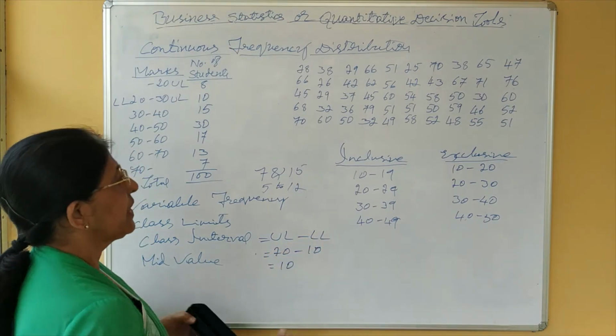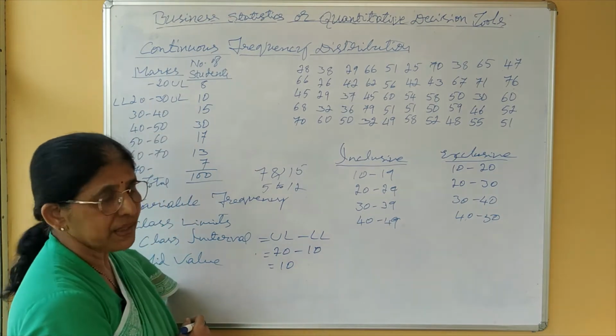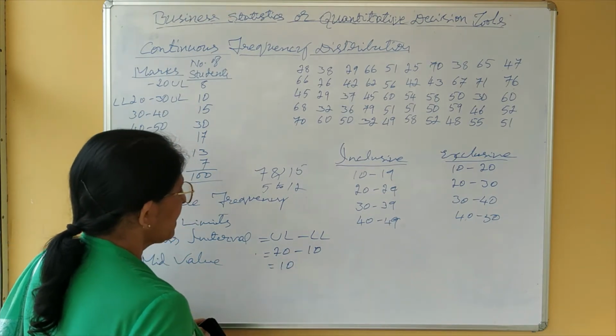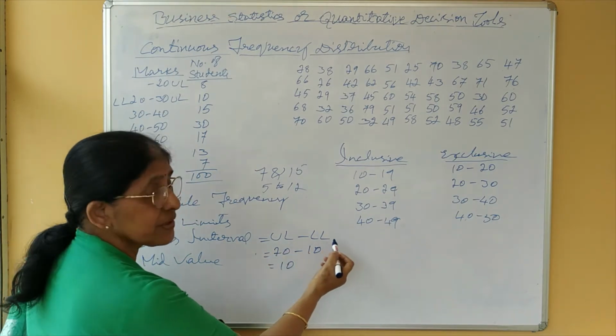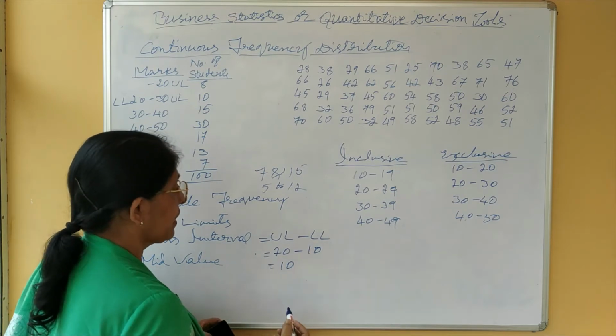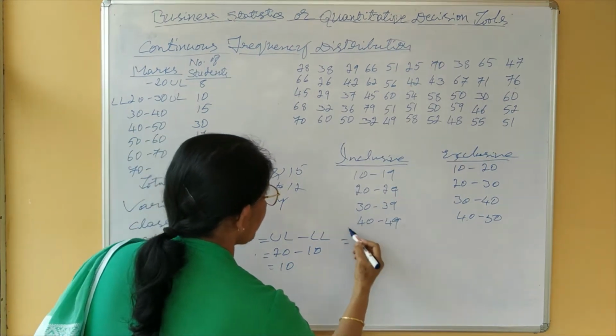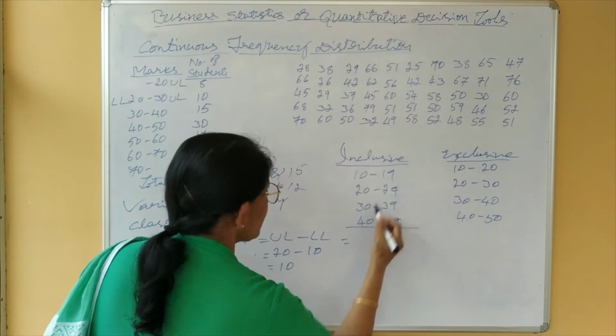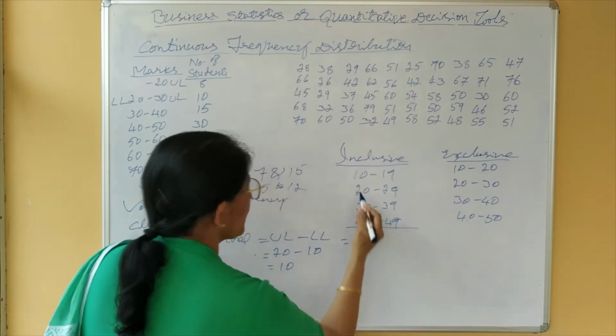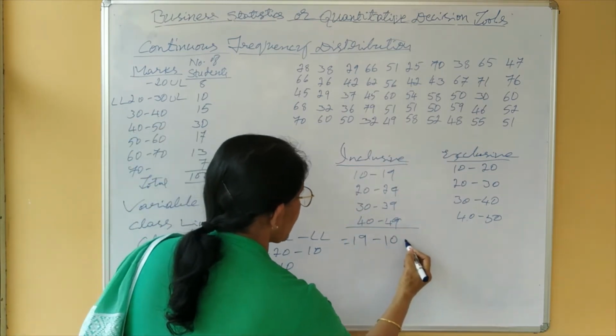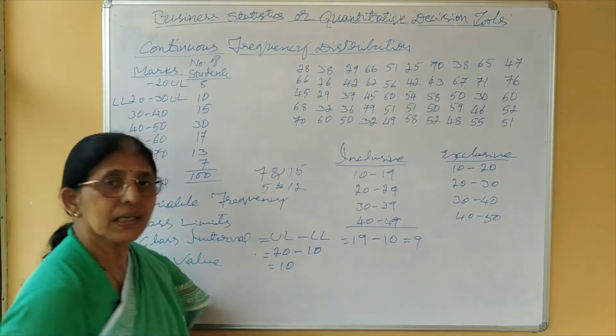On the other hand, if you take the inclusive method and apply the formula class interval equals upper limit minus lower limit, what happens? The upper limit is 19 minus the lower limit 10, so the class interval is 9.